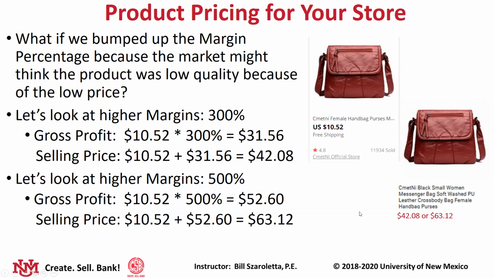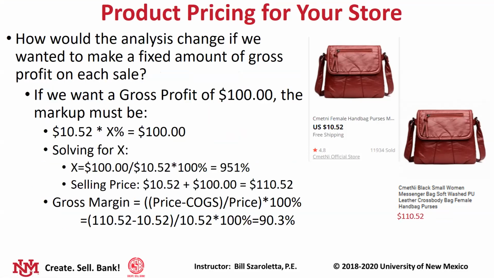What you might find is you can get the product very inexpensively on AliExpress, but people might be willing to pay $63.12 for this on your particular store, and you're making good margins on your particular product.